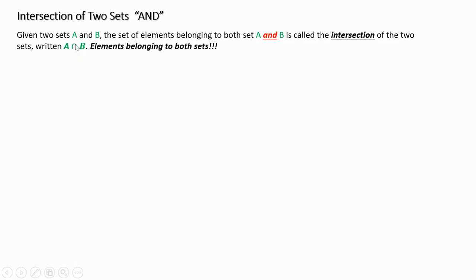But when students do not comprehend that, I like to say elements belonging to both sets, or what do they have in common? This is also from the book, belonging to both sets, but I like to say, what do they have in common? I believe it makes more sense to students who have a hard time understanding the math vocabulary.